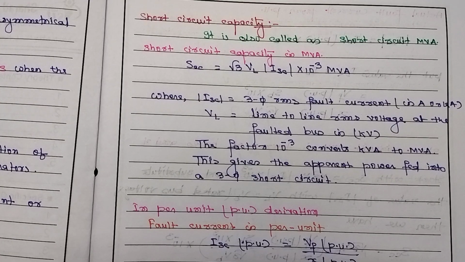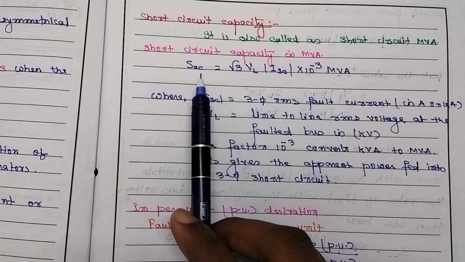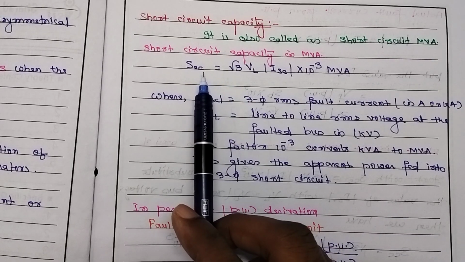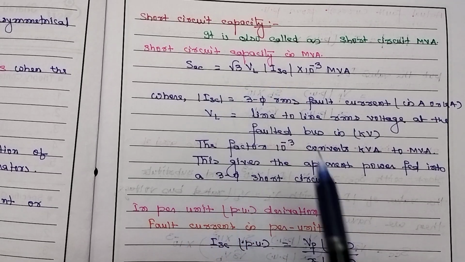So here we have seen on the large screen that we have written AC short circuit capacity. For the AC, short circuit capacity in MVA, the formula is root 3 VL ISC into 10 power minus 3 MVA.